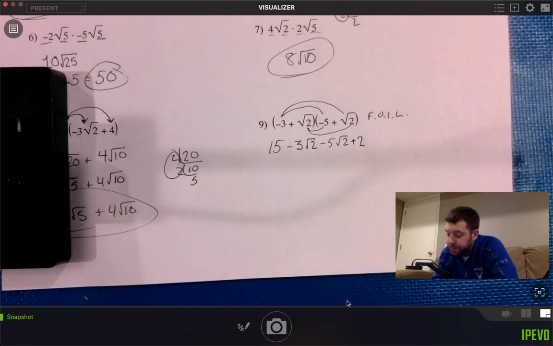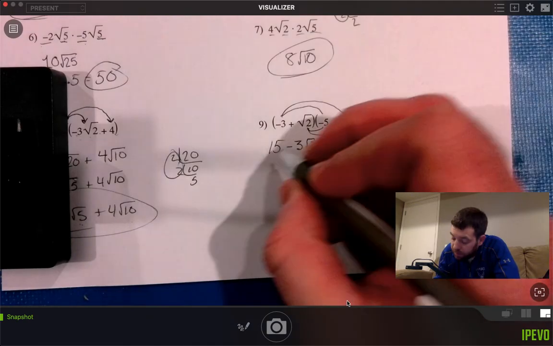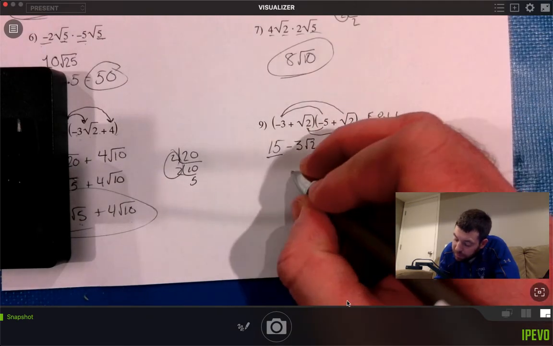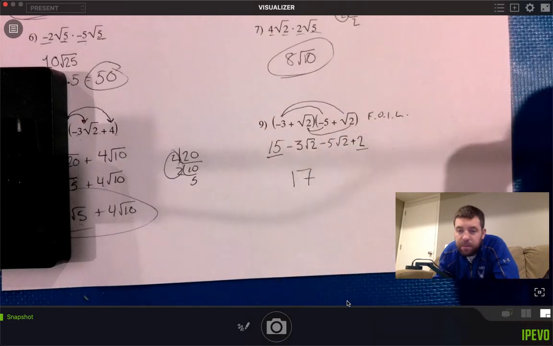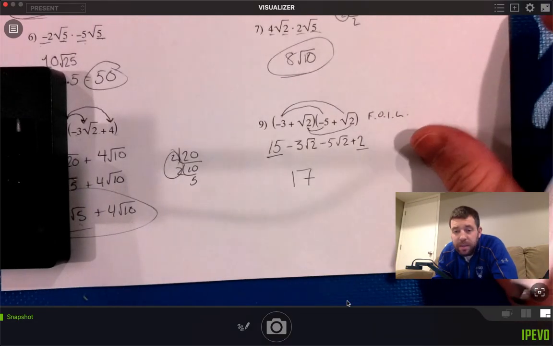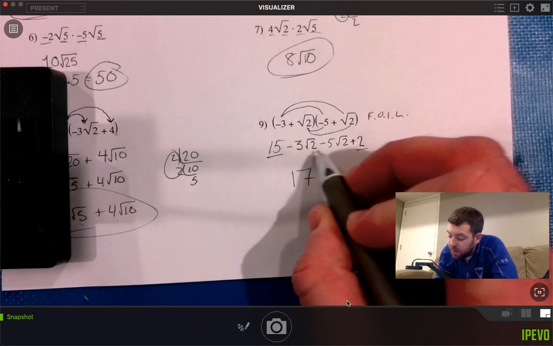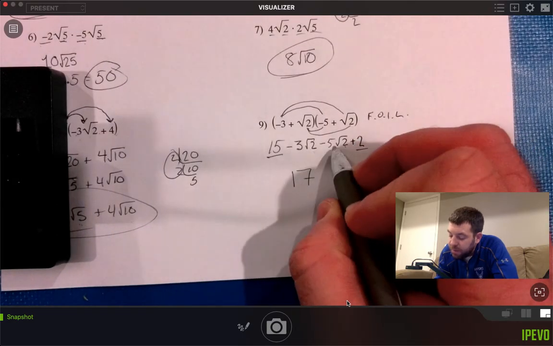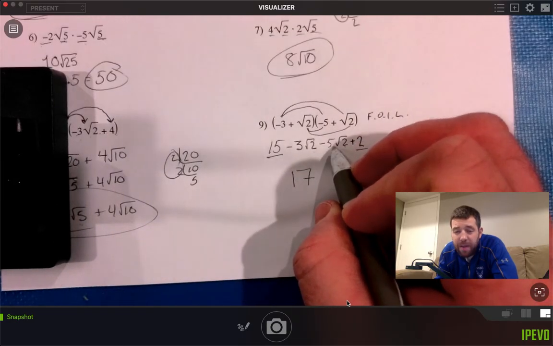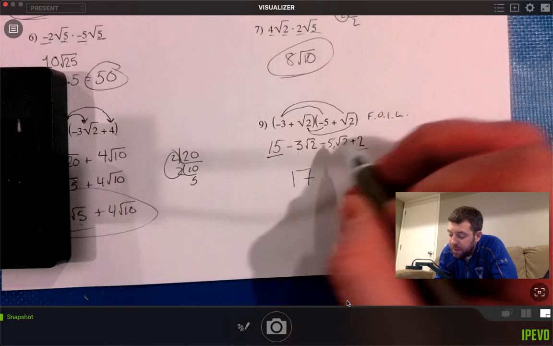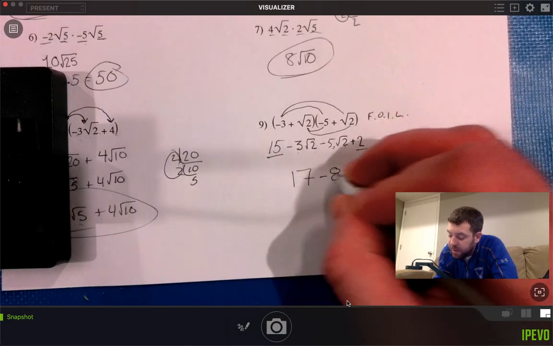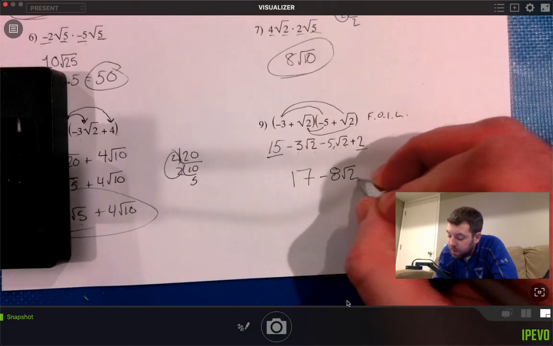Like terms: 15 and 2 give me 17. And since I have the same radical, I can take negative 3 minus 5. So you add the coefficients. Negative 3 minus 5 gives me a negative 8 radical 2.